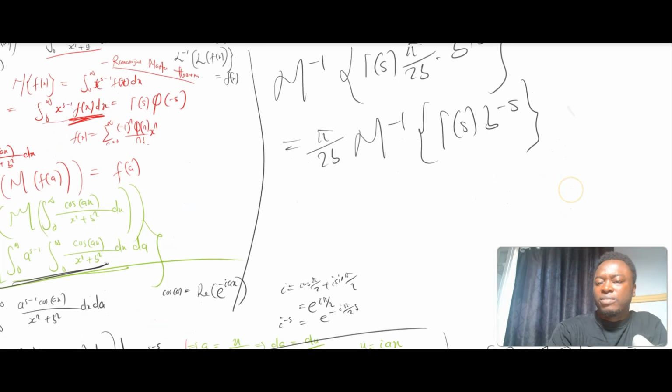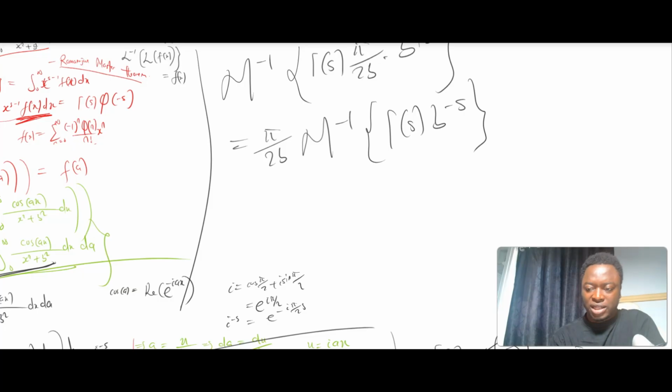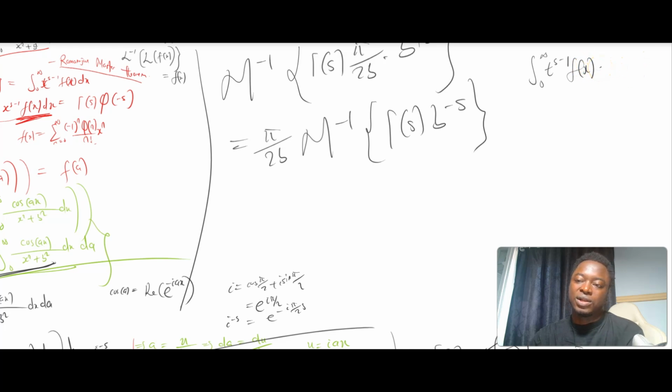Now, if you remember the Ramanujan Master Theorem, we said the integral from 0 to infinity of t to the s minus 1 times f of t dt is going to equal gamma of s phi of negative s. So basically here you can assume that phi of n is going to be b to the n power.